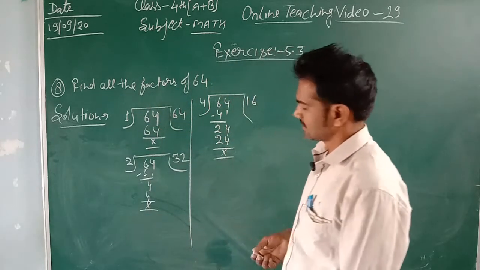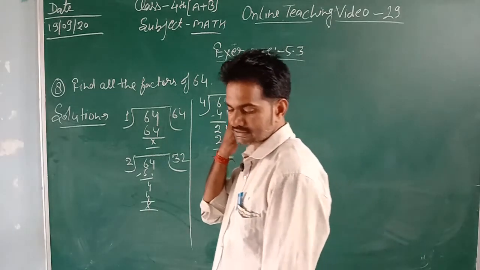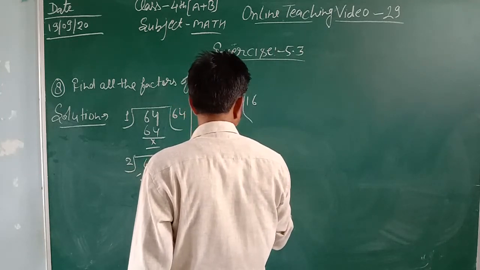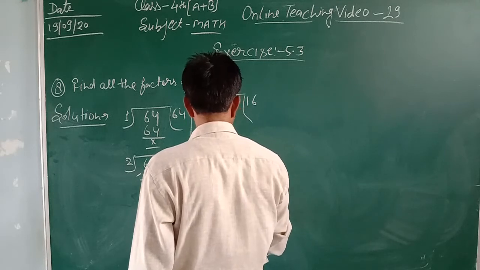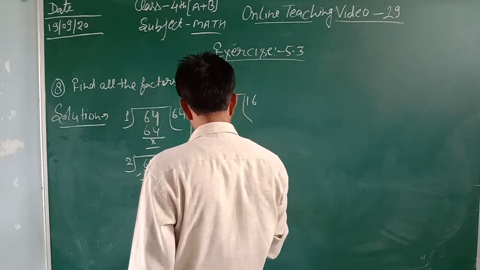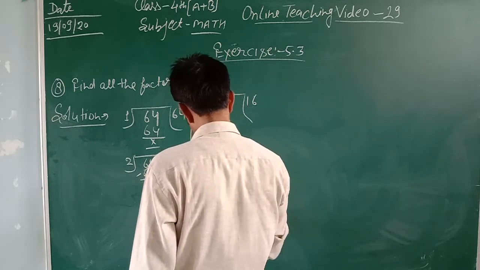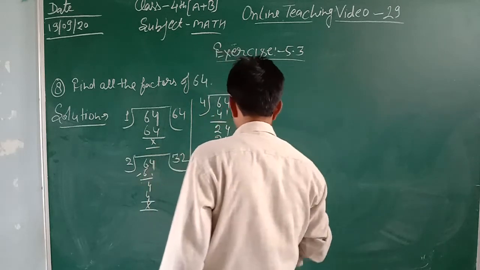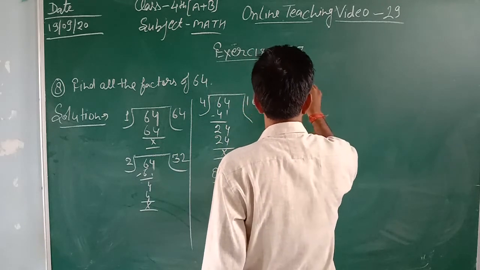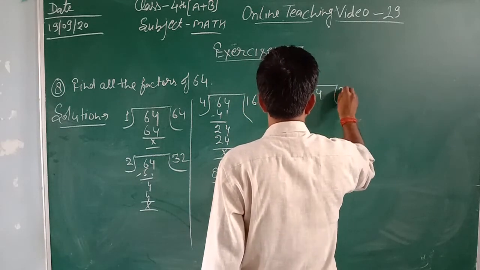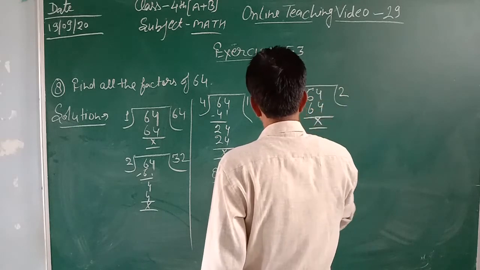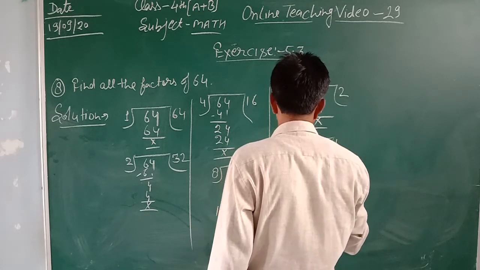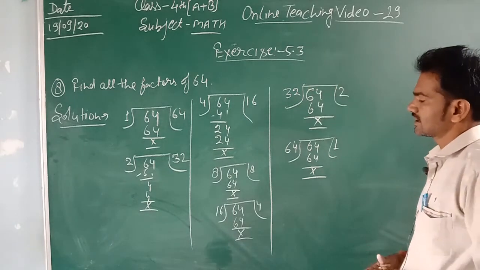So 64 will divide 1, 2, 4, now 8, 32 and 64. These are all the factors of 64.